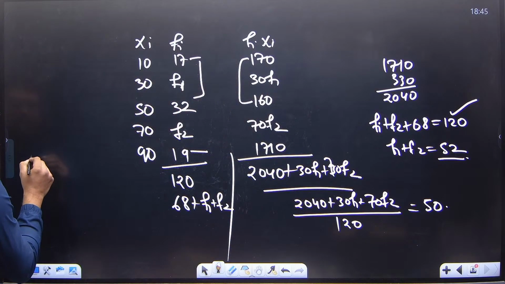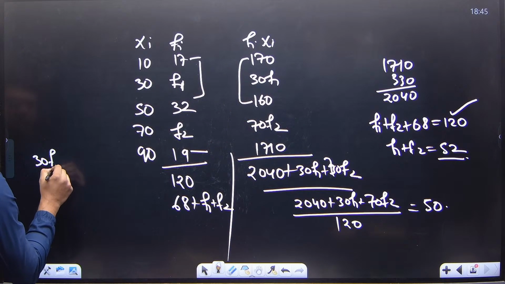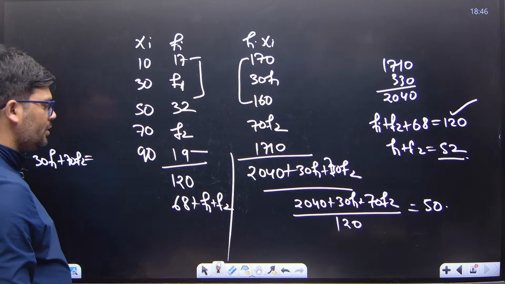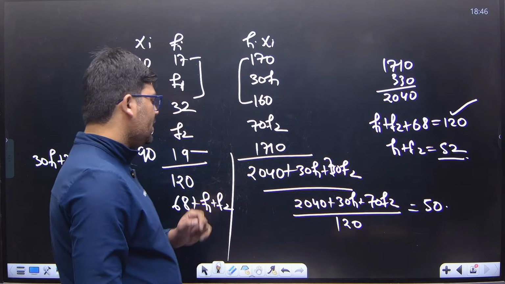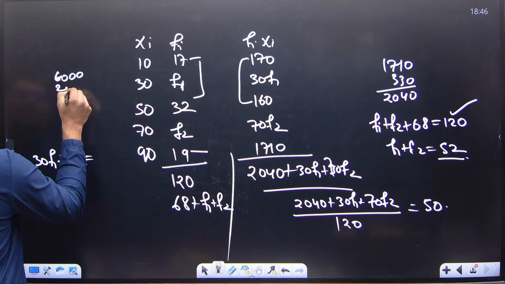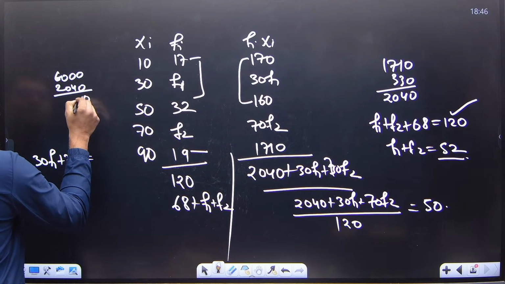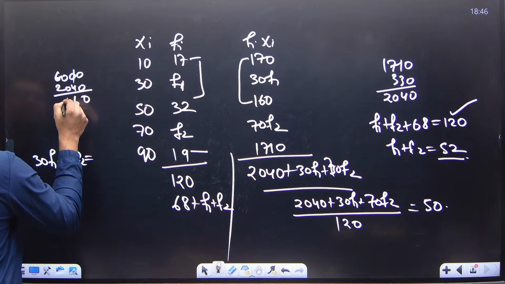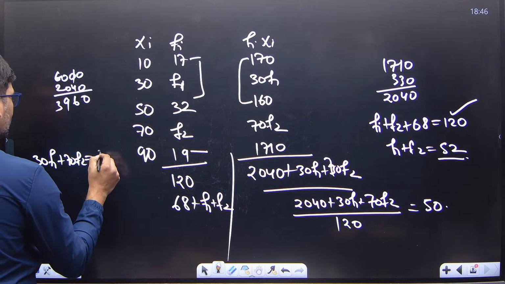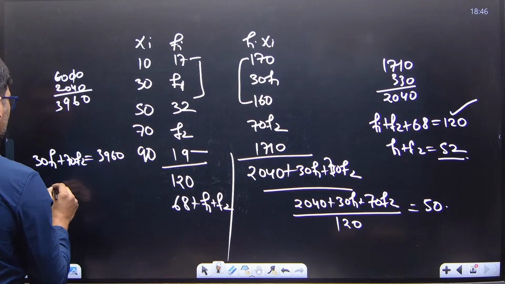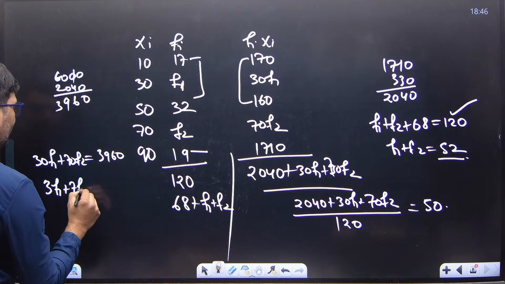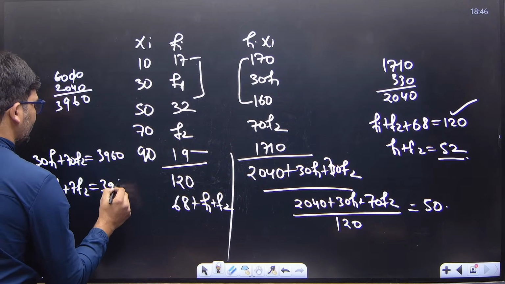So you can say 30 f1 plus 70 f2 is going to be 6000 minus 2040. I hope you are getting this. So 3960. So that means 3 f1 plus 7 f2 is going to be 396.